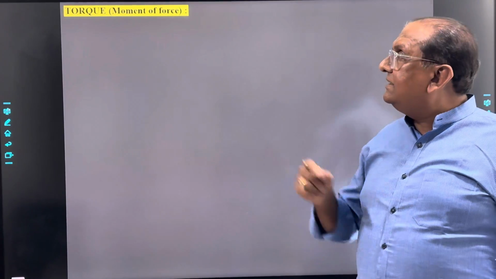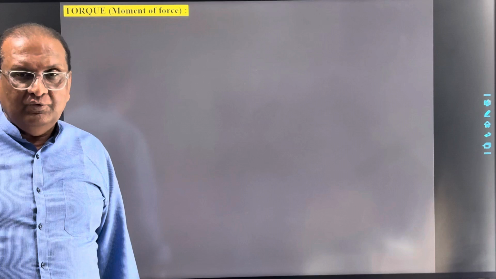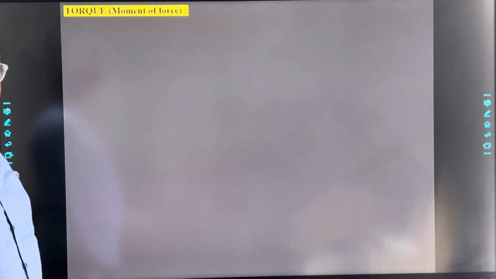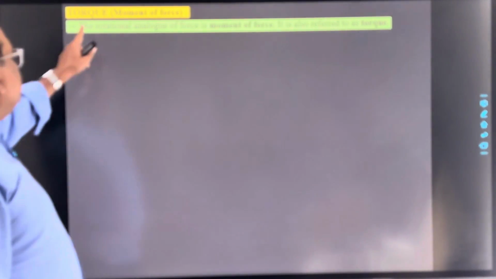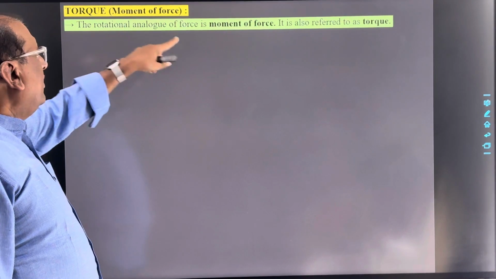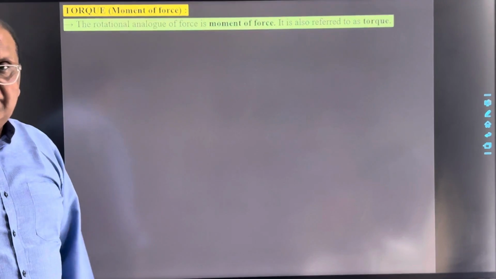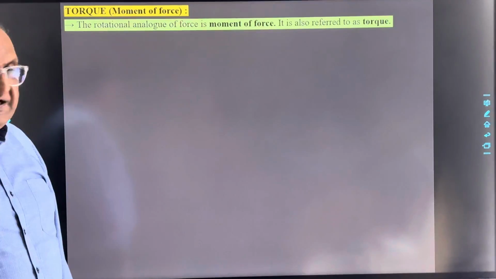Exactly like that, torque is the physical quantity which is responsible for the change in rotational motion. Okay. Now let's define the torque. See, this torque is also known as moment of force. It has analogy with force that I already mentioned.